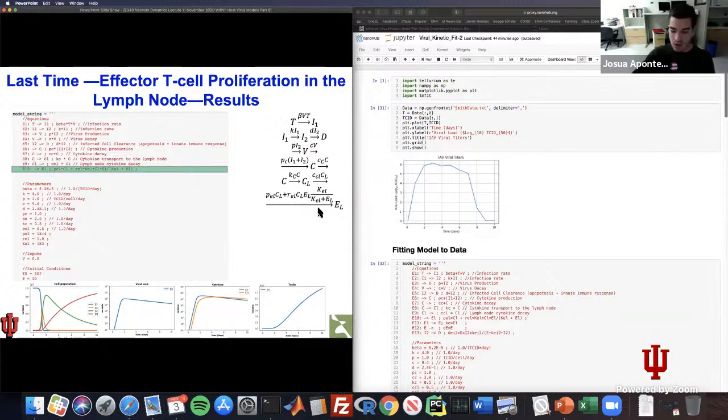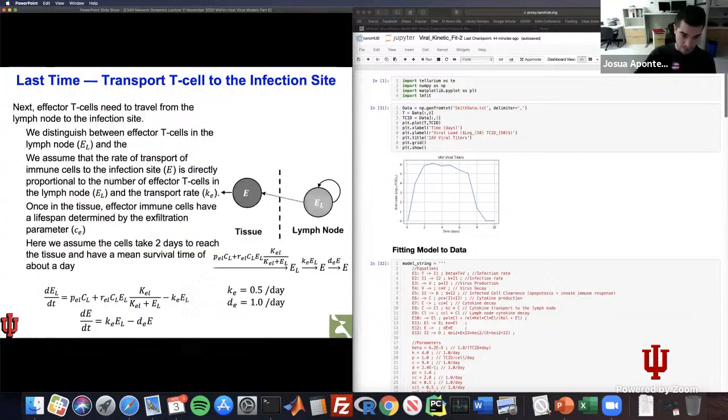So it's dependent on the cytokine signal reaching the lymph node. Then we need to put this back into the tissue, because that's what these effector cells do. Once they proliferate and differentiate in the lymph node, they are transported back to the tissue.